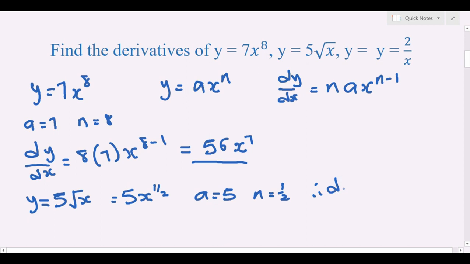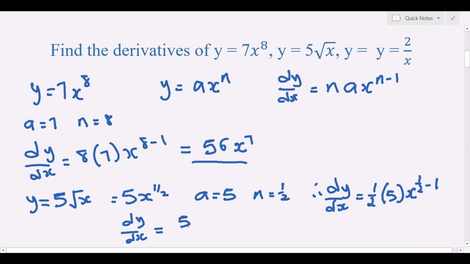So dy/dx, which is equal to n a x raised to power n minus 1, will become half into 5 into x raised to power half minus 1. So dy/dx will give us 5 over 2 x raised to power minus half, and this is something as 5 over 2 root x.